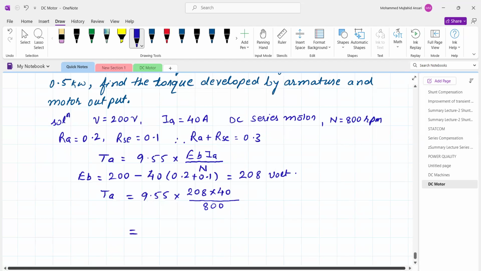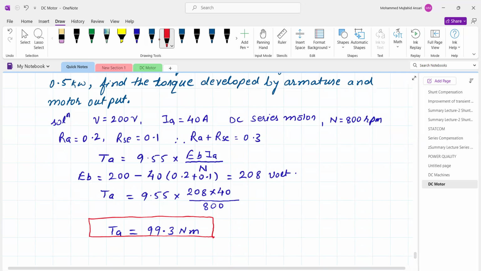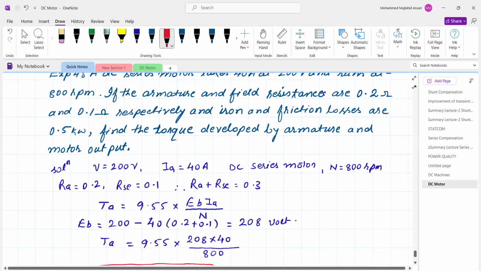So armature torque TA equals 99.3 Newton meter. This is one parameter, the torque developed by the armature, that is the armature torque. Now we want the motor output.